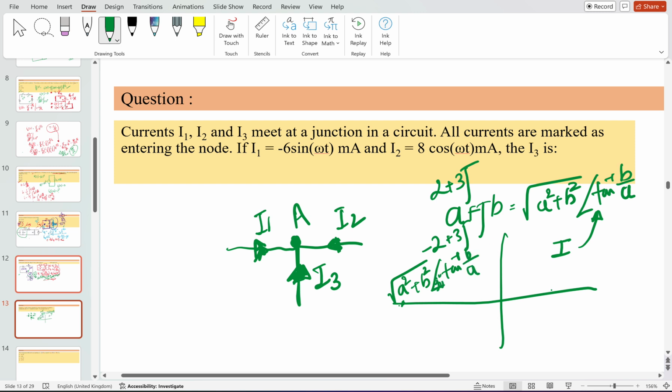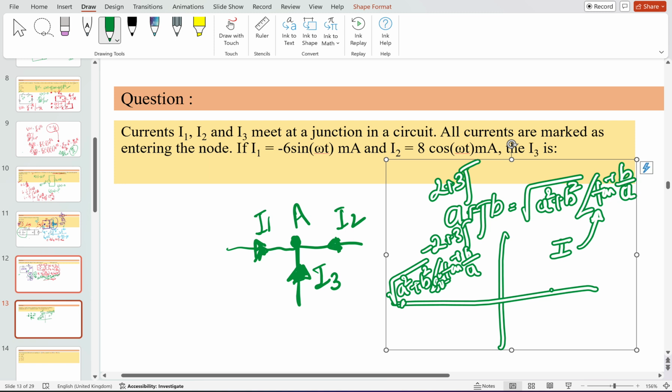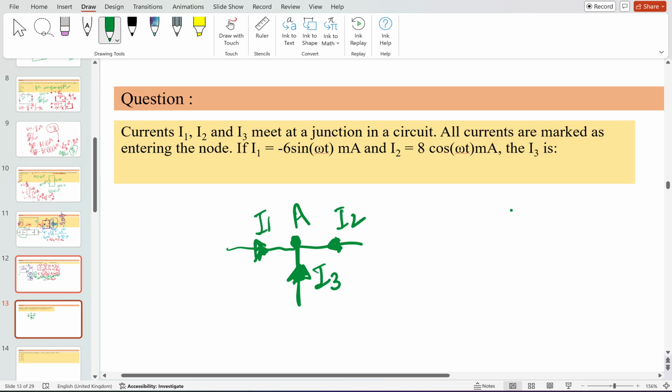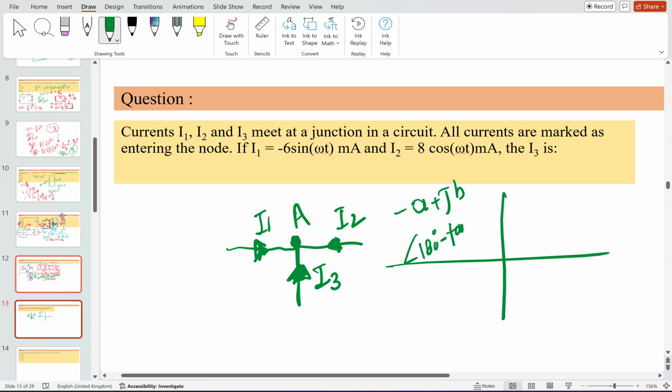I have explained this in one of the tutorial sessions. You have to see the coordinates. Suppose here minus a plus jb is there, so the angle will be equal to 180 degree minus tan inverse b by a.